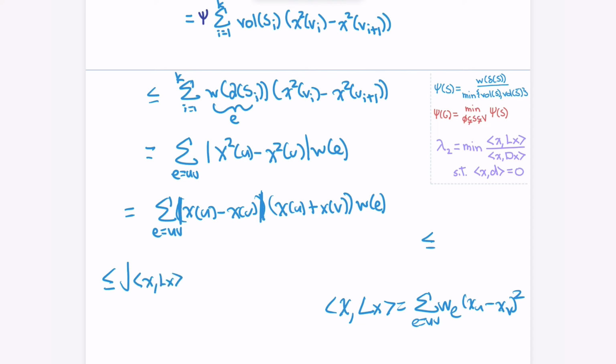It's at most the square root of x transpose L x times the square root of the sum over all edges e equals uv, weight of e, times (x_u plus x_v) squared. Why?